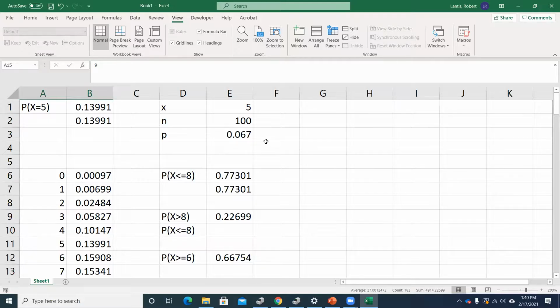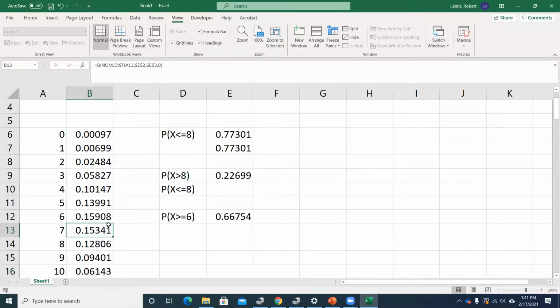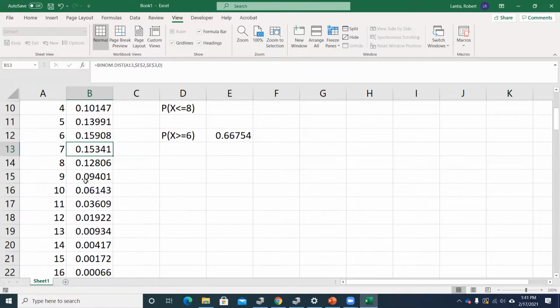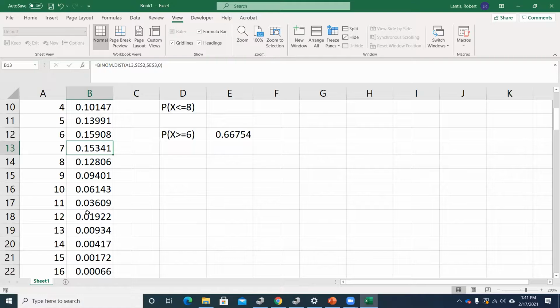So the most likely outcomes I'm going to be seeing are 6 and 7. Sure enough, if I look at these, 6 and 7 have the highest probabilities of occurring. And as I move away from that mean of 6.7, notice what happens to my probabilities. If I move in this direction, they start to decrease, and if I move in this direction, they start to decrease.